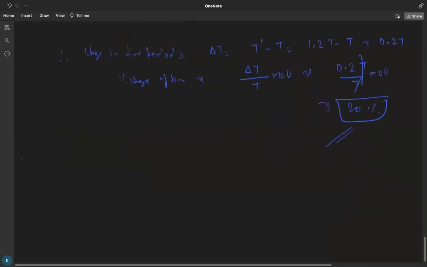Now draw the graph between time period versus length.